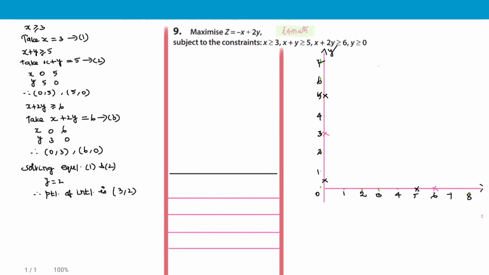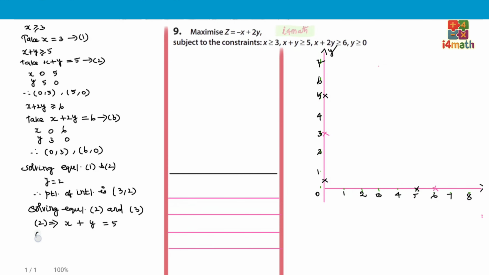Solving equation 2 and 3. What is equation 2? Equation 2 is x plus y which is equal to 5.